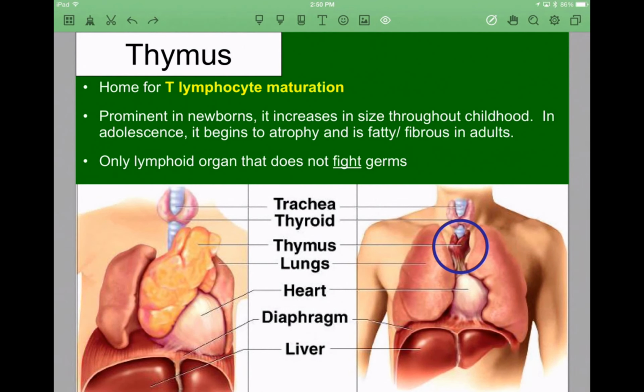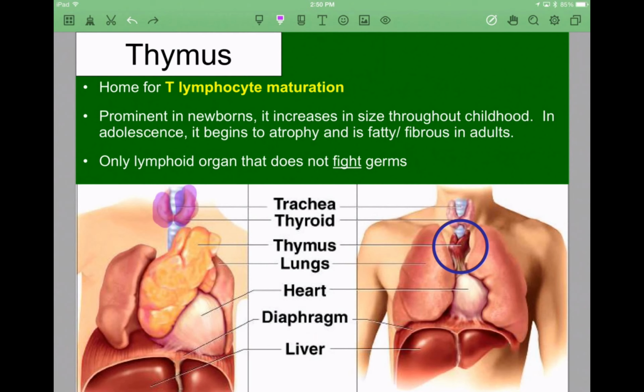And there's a good shot of your thymus. Some people get this really confused with your thyroid gland. Now your thyroid gland is right here, above, right there. And your thyroid gland is not your thymus, okay? Your thyroid gland has a lot more to do with your metabolism. It's more of an endocrine organ or a hormone maker.